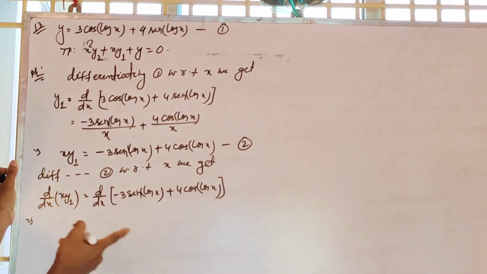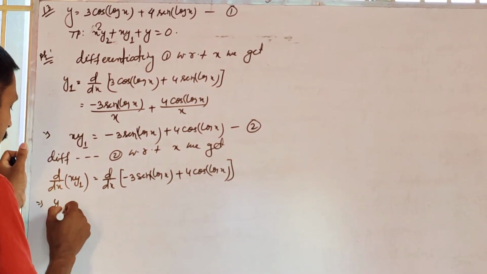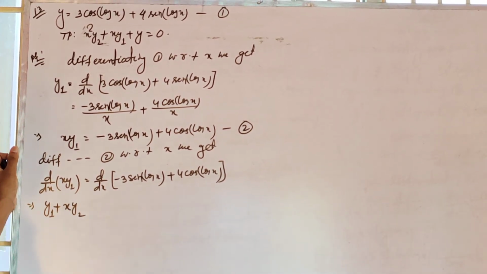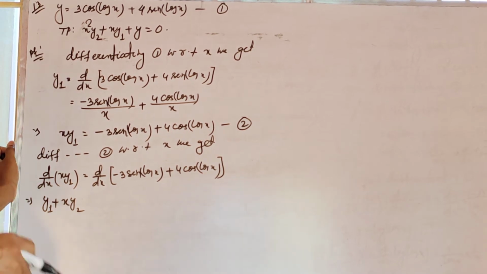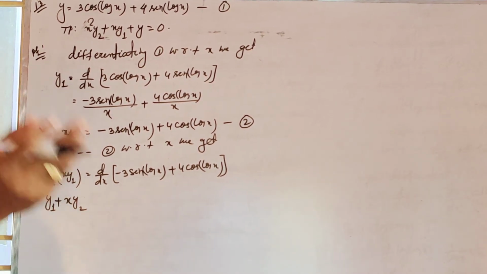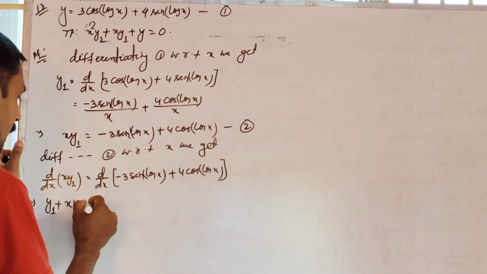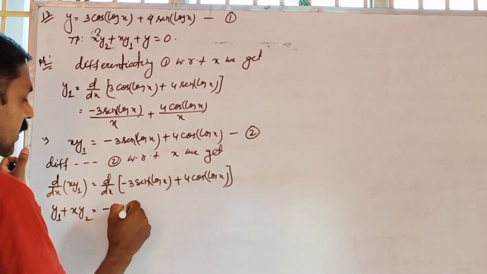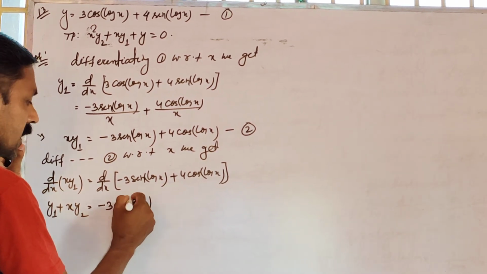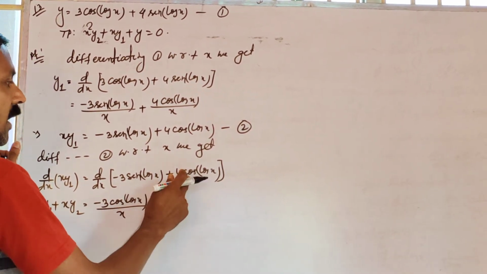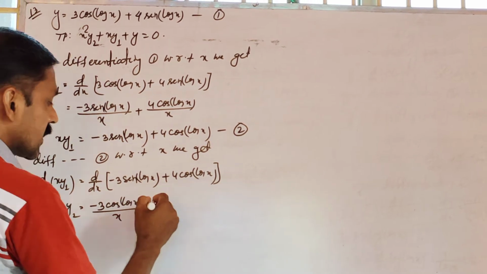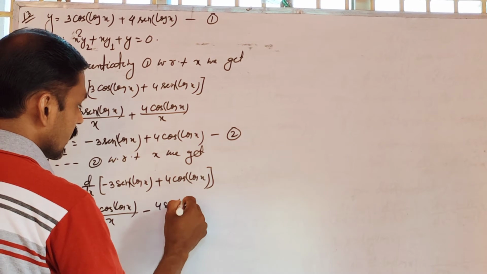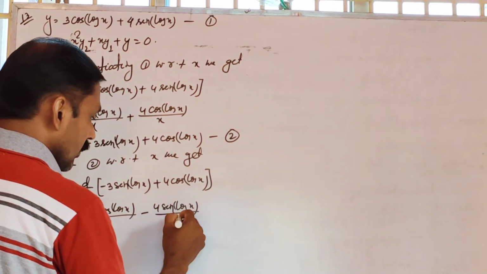So derivative of x is 1, 1 into y1 is y1, plus x into derivative of y1, which is y2. Always remember, derivative of y1 is y2, derivative of y2 is y3, derivative of y3 is y4, and so forth. It will continue. Now on the right hand side it is minus 3 sin log x, derivative is cos log x by x, and derivative of cos log x is minus sin, so it will be again minus 4 sin log x by x.